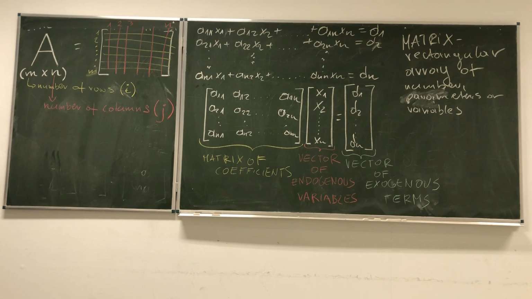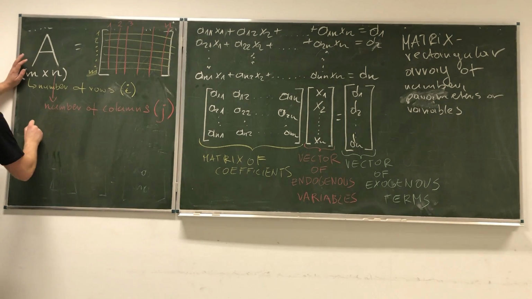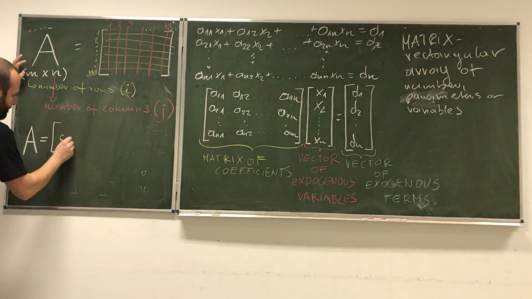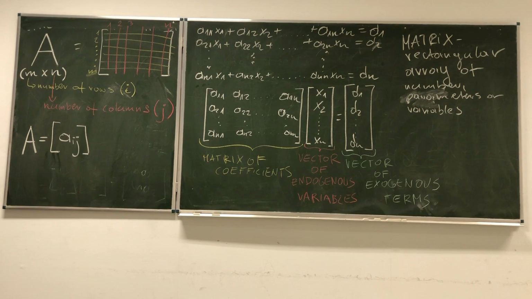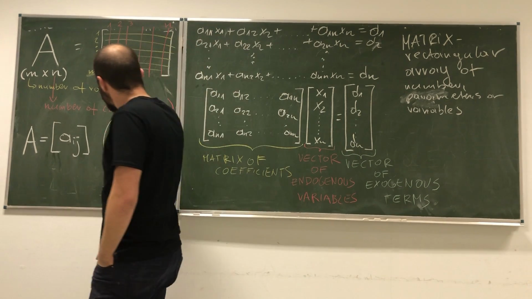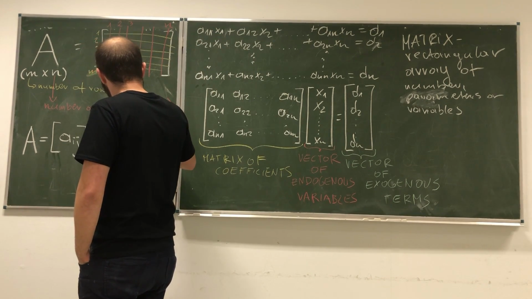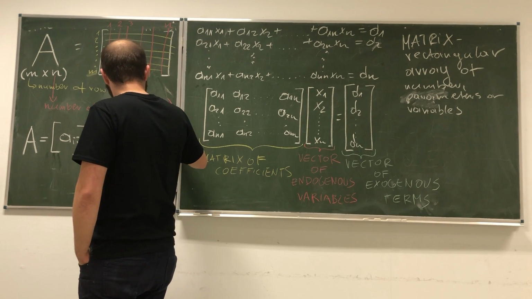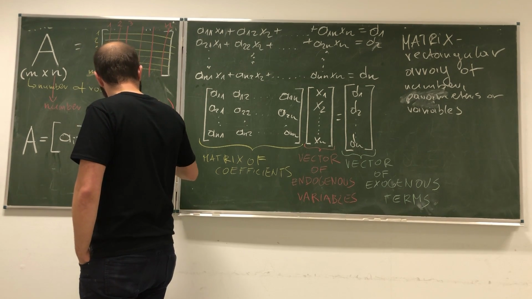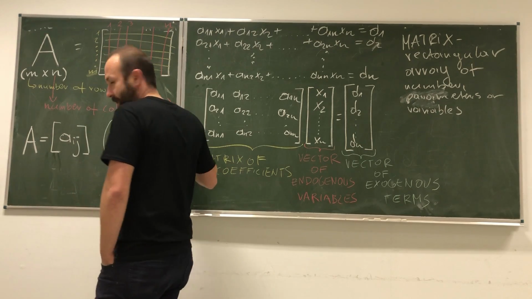So look, in other words, we can say that matrix A is a collection of elements a_ij, where i and j denote the row and column in which this element lies, for i equal to 1, 2, until m, and j equal to 1, 2, until n.